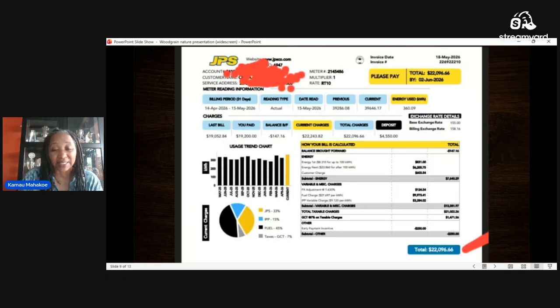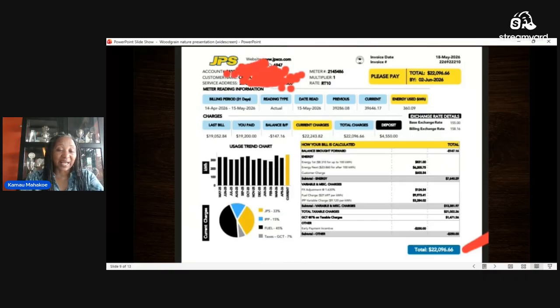So JPS has a lot of calculations that they do to come to your final bill, but they are transparent. They break down everything. They show you on the bill, piece by piece, section by section, the breakdown, which is good, right? That's good. The government takes 7 cents out of every dollar, 7%.